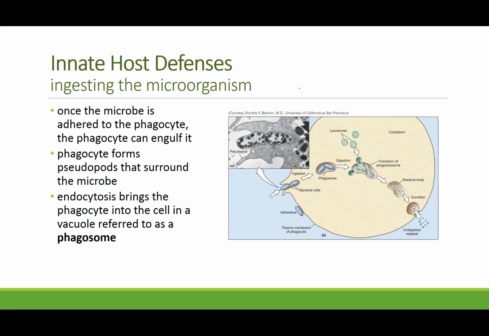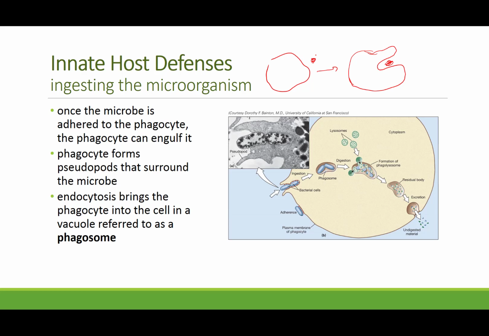The third step that has to happen then is that the white blood cell will ingest the microbe. So it engulfs it by making pseudopods. Pseudopods are like, if this is a white blood cell, there's its margin. It can stick out parts of the cell, so the cell can reach out with its cell membrane and engulf some material.